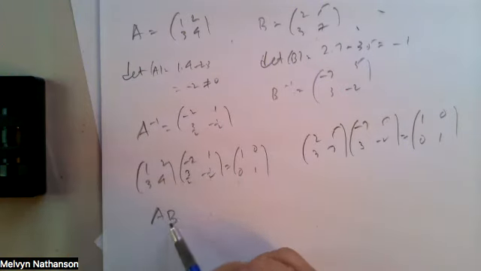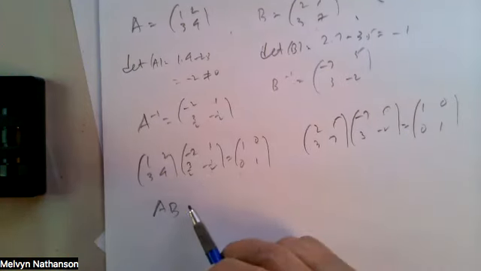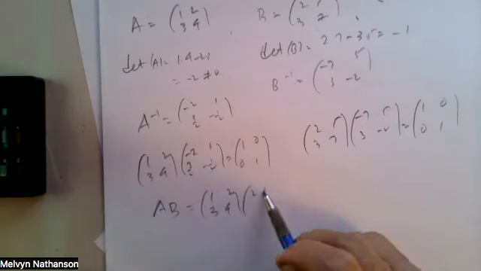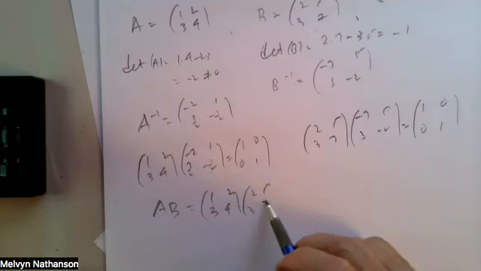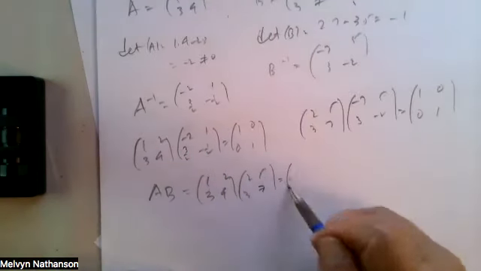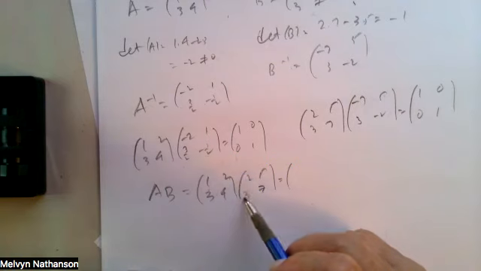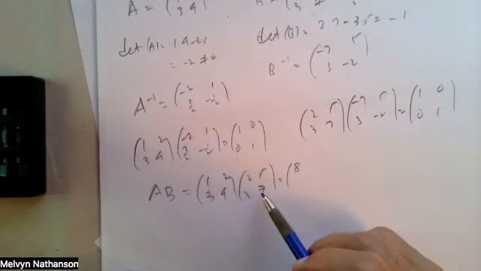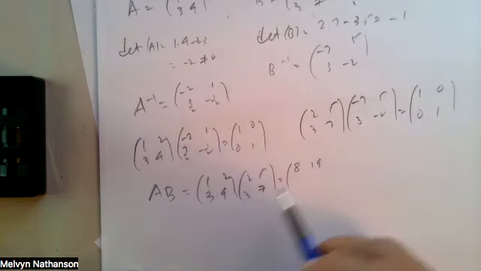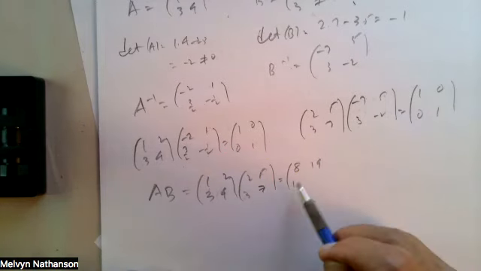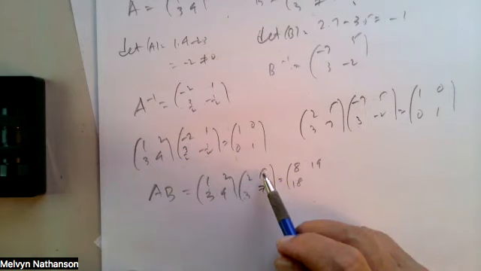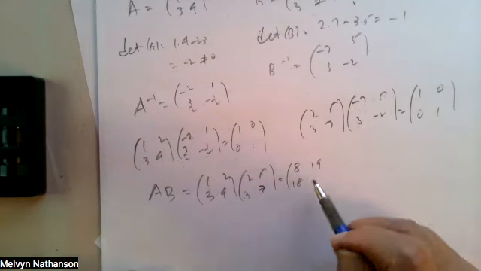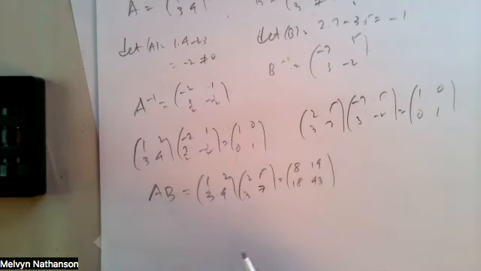And what is A times B? A times B is 1, 2, 3, 4 times 2, 5, 3, 7. So this is 2 plus 6 is 8. 5 plus 14 is 19. 6 plus 12 is 18. 15 plus 28, I think, is 43.